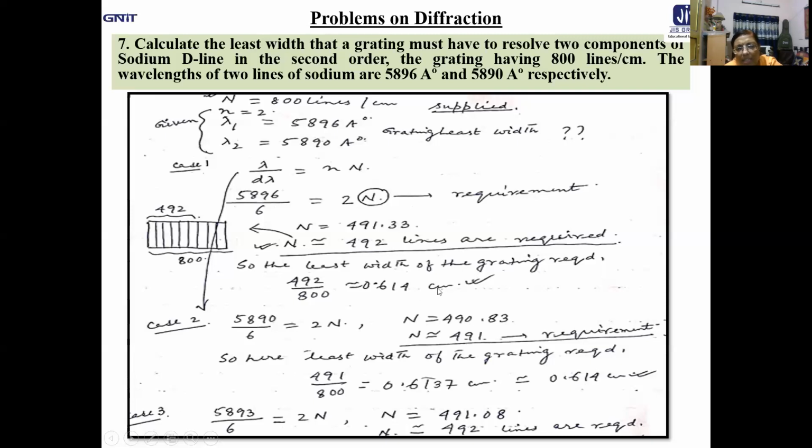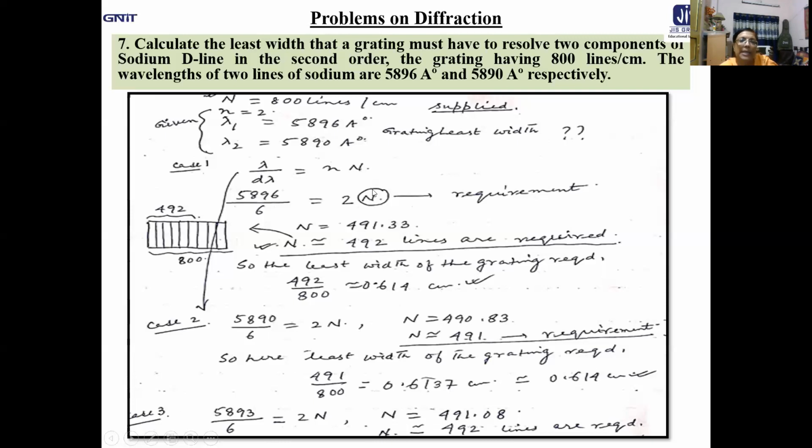Look, the change comes only in the third digit. That means whether you use lambda 1, lambda 2, or even their mean, if you use the mean, N will come out more than 491, that means 492. So in this category, the answer will come out exactly the same.